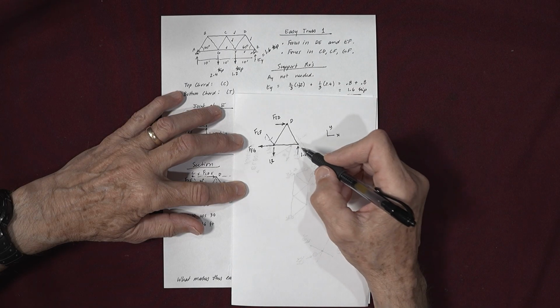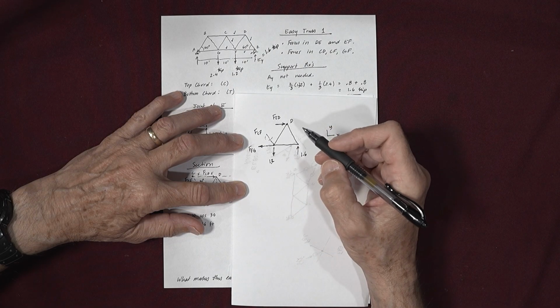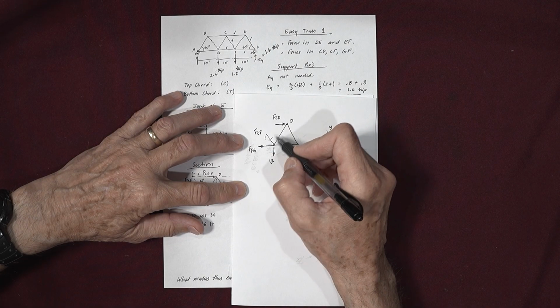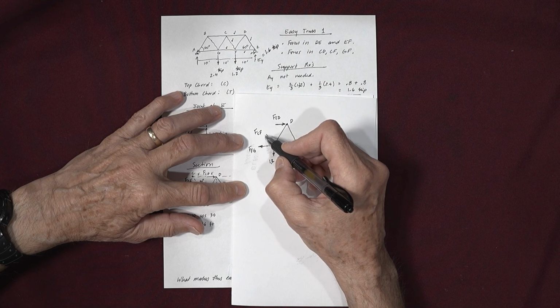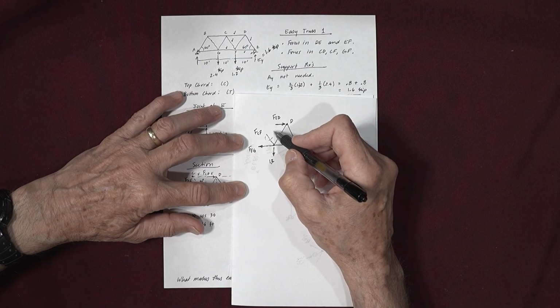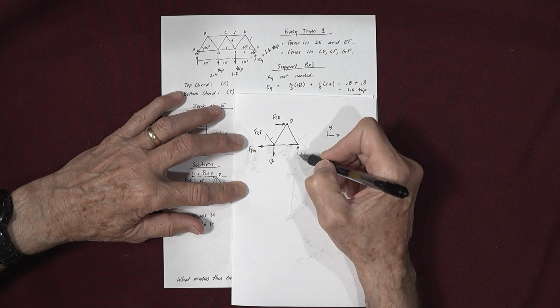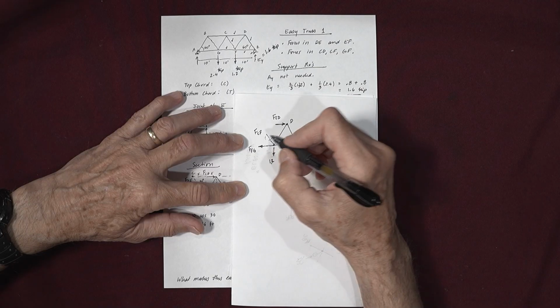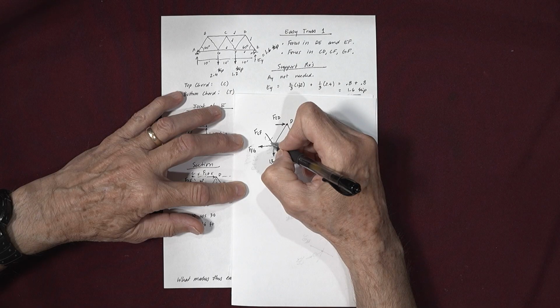If this guy's 1.6, and this guy's 1.2, and this guy's horizontal, then the vertical component of FCF needs to act downward, so its vertical component plus 1.2 is equal to 1.6. And so by thinking in that way, I can draw him in compression.